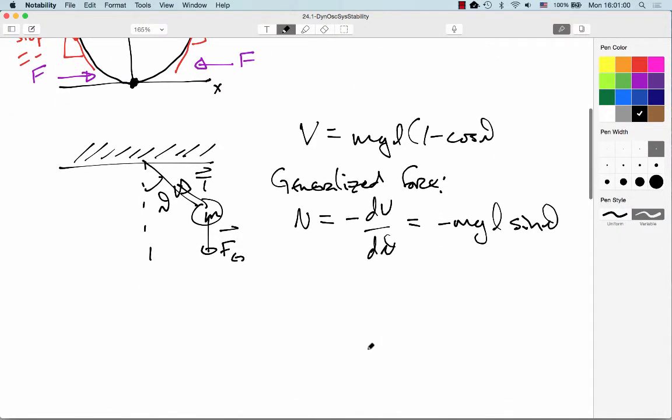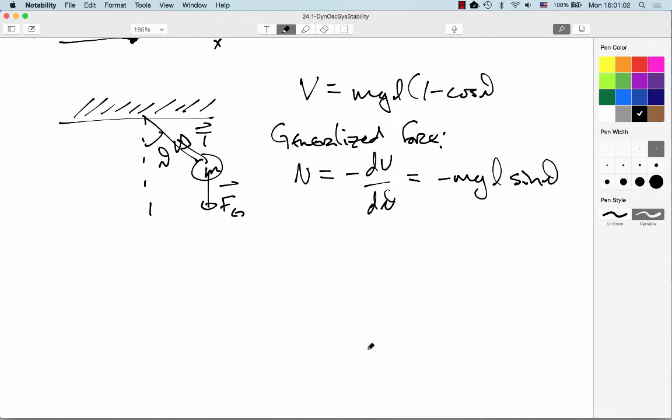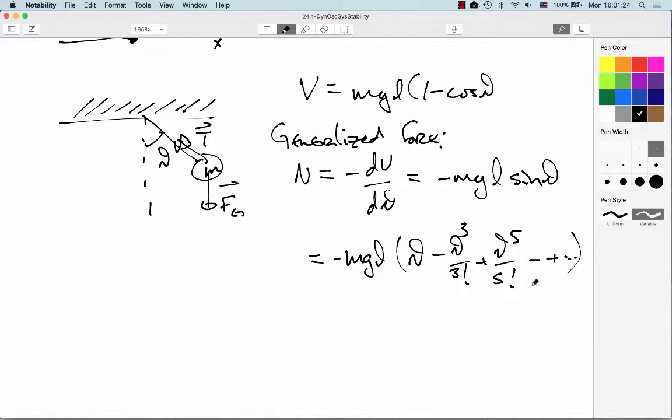All right, so how do we test the stability of that? Well, we can go ahead and do a Taylor expansion, more properly a Maclaurin expansion since it's about 0. So sine theta becomes theta minus theta cubed over 3 factorial plus theta to the 5th over 5 factorial, minus and plus and so forth.